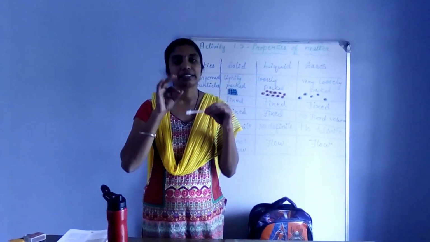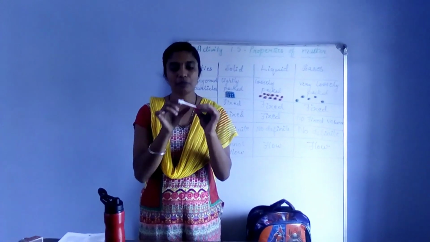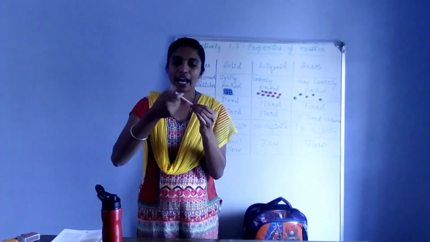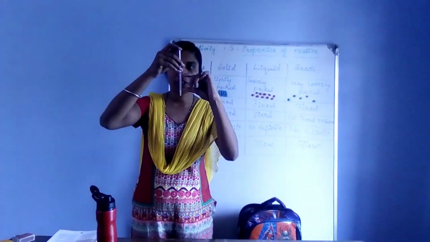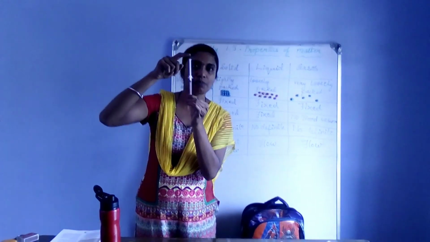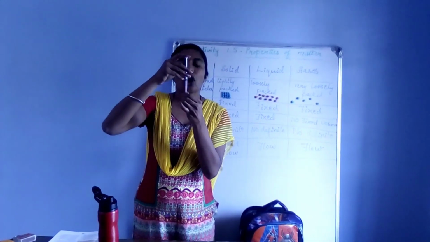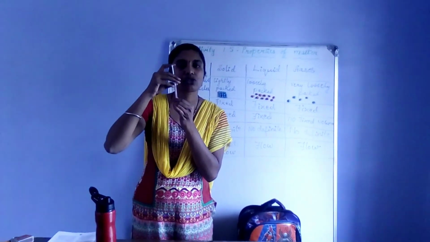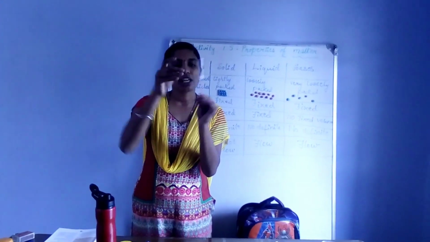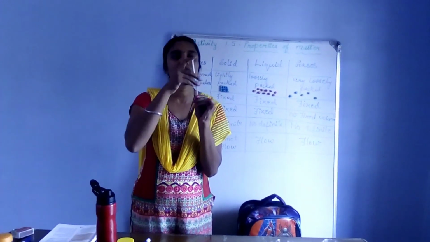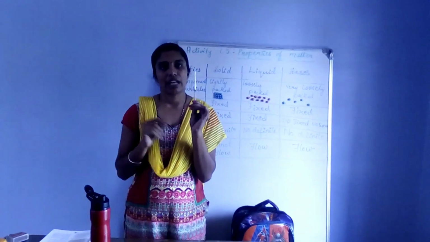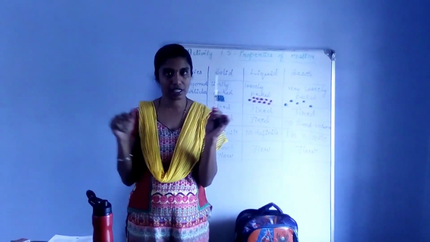Take one syringe. First, fill the syringe with solid and try to compress. After filling it, try to compress with this piston and record the reading. If you can compress the solid, note the initial value of the piston and the final value of the piston. Record it and put it in a table.